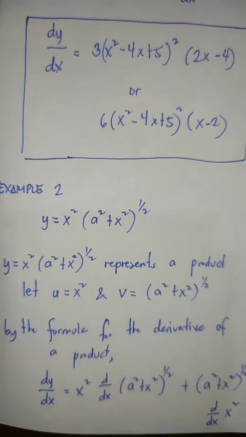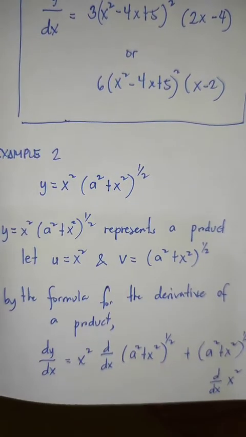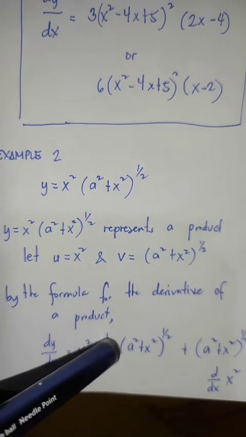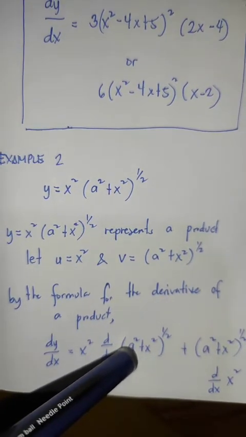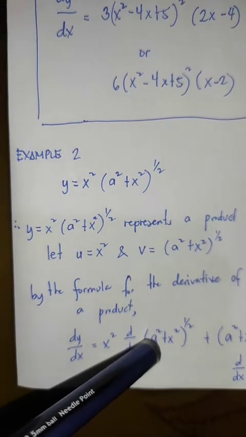Next example. So, x square times quantity a square plus x square raised to 1/2. So, dito, derivative ng product obviously. And then, nilet niya yung u as x square and v as quantity a square plus x square raised to 1/2. So, derivative ng product, so alam niyo na, so nag-let u and v na kayo. Kaso dito, ito na naman, yung derivative ng loob is complex, diba?